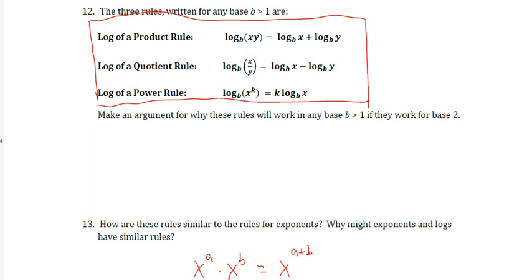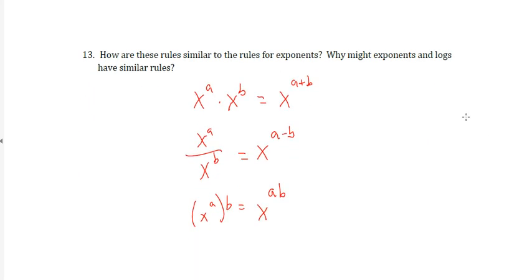It's the exact same idea, just exponents versus logs, which should make sense, because remember that exponents and logarithms are technically inverses of each other. So it makes sense that some of these rules of combining exponents would also match up with our rules for deconstructing, for taking apart logarithms.